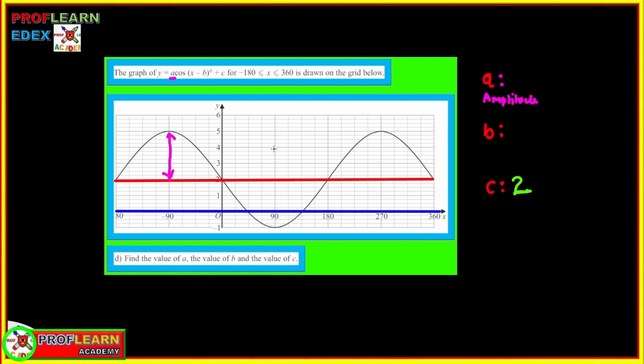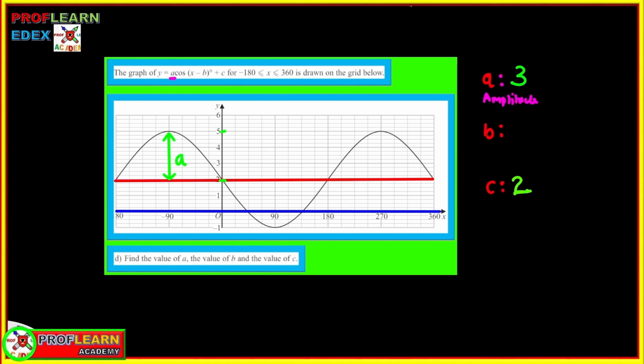You can see the way I've indicated the arrow. How high is the graph going from the principal axis, or how far down? This is our amplitude, which represents the value of a, and we can see it's moving from 2 all the way to 5, so the amplitude is actually 3.